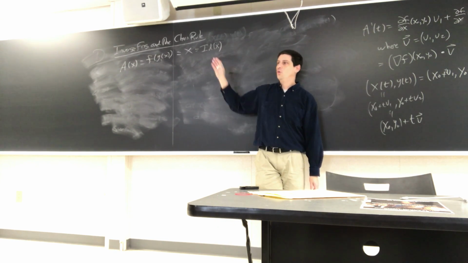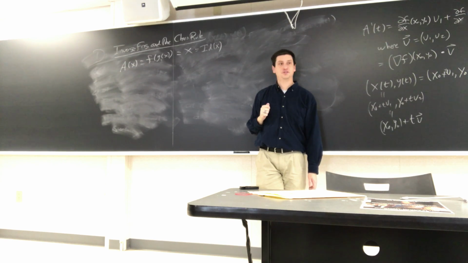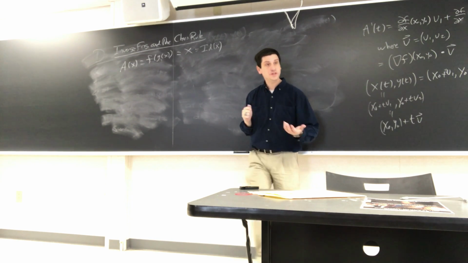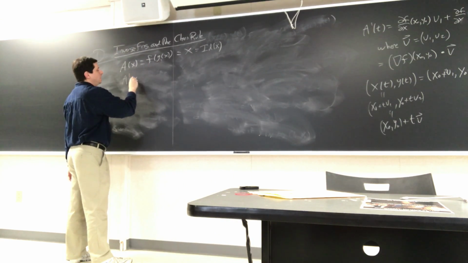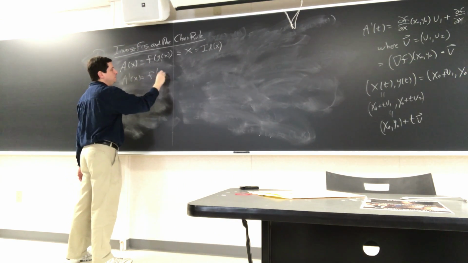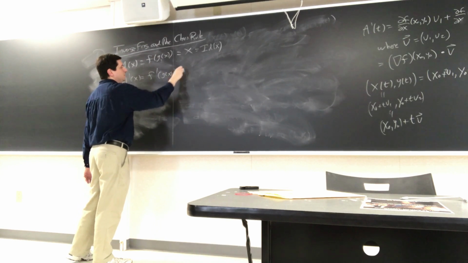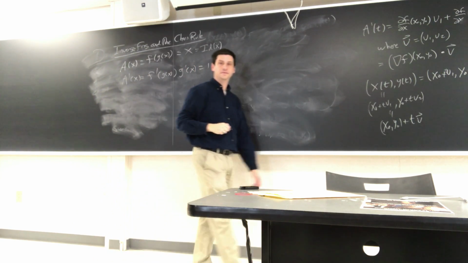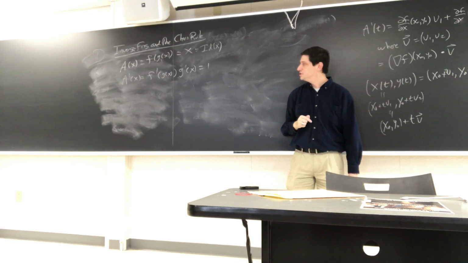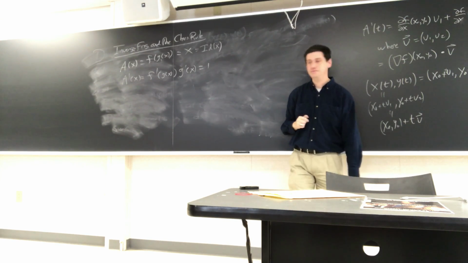What would be the derivative of a of x? 1. There are two ways to calculate the derivative. One is, well, a prime of x by the chain rule is f prime of g of x times g prime of x, and it's also just 1. So we can use this to solve for g prime in terms of f prime.